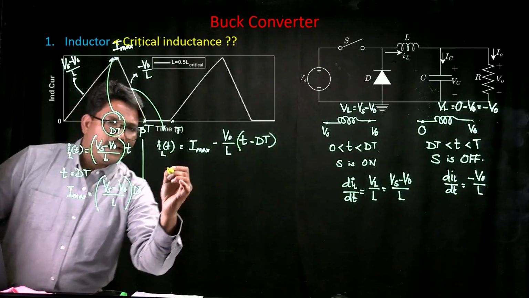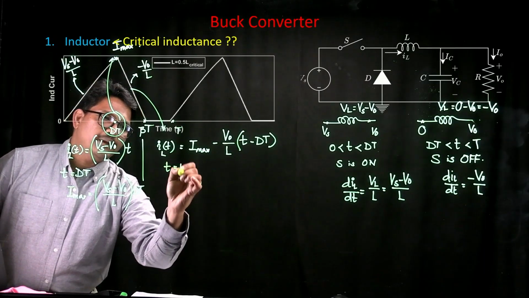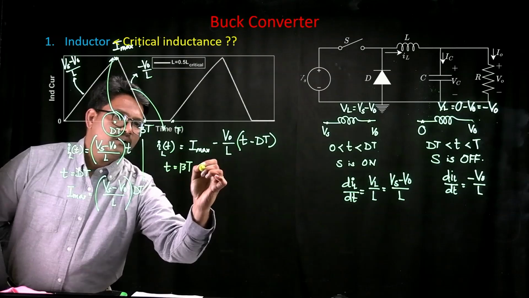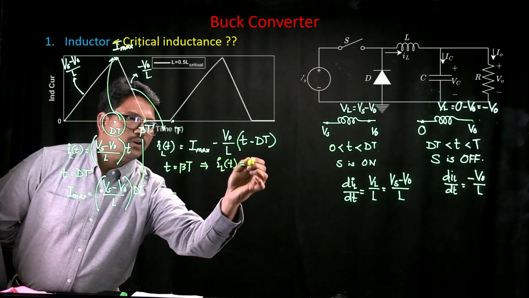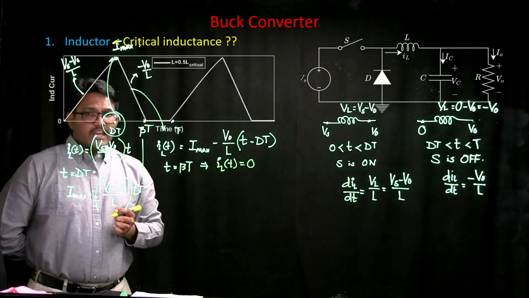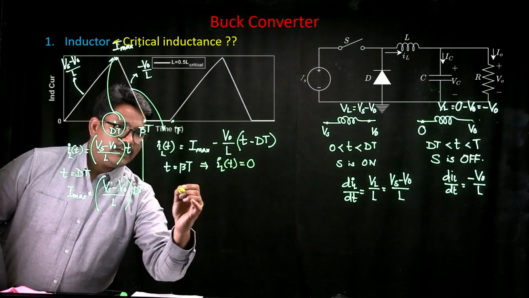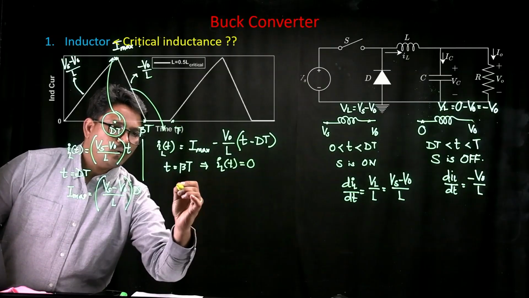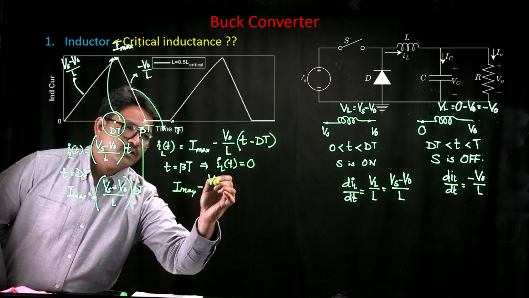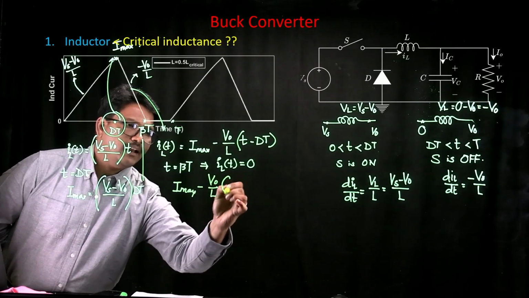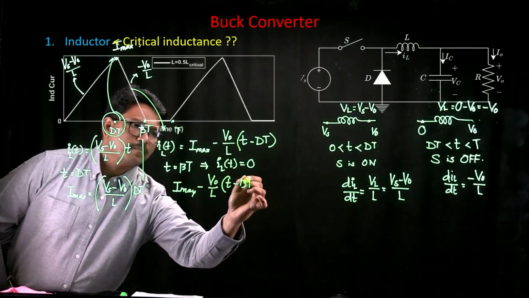condition that at time t is equal to beta t, my I of t or IL of t is equal to 0. If you substitute that boundary condition, that is IL of t is 0, that is I max minus V naught by L (t minus dt).